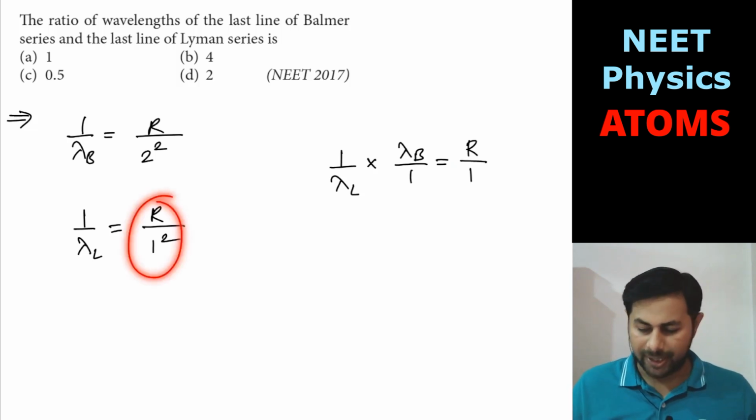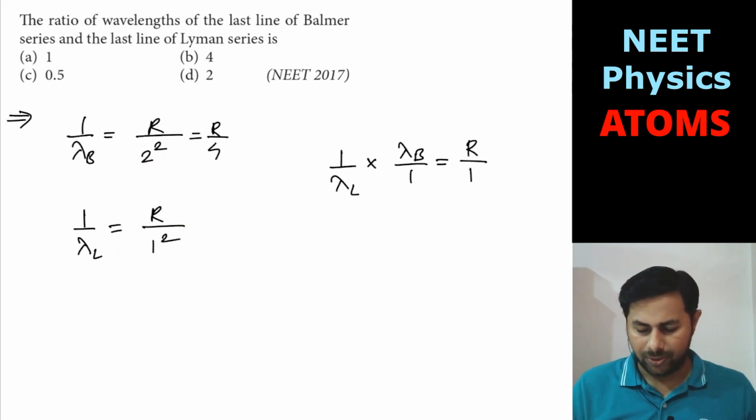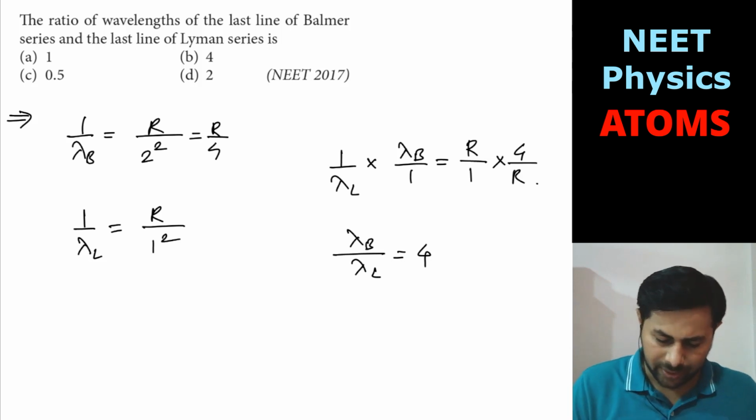That is 1 by lambda L, and this is R by 4, right? So I'm multiplying by its reciprocal, 4 by R. So R gets cancelled. What is lambda B to lambda L? It's just equal to 4. So option B.